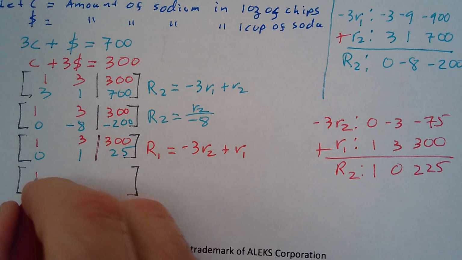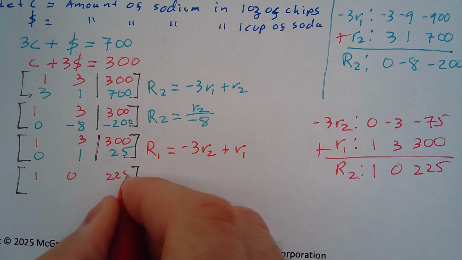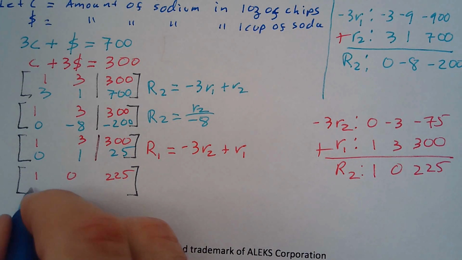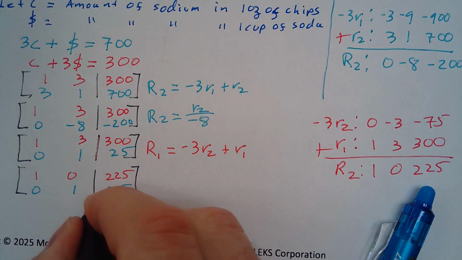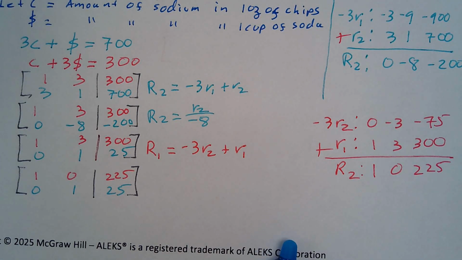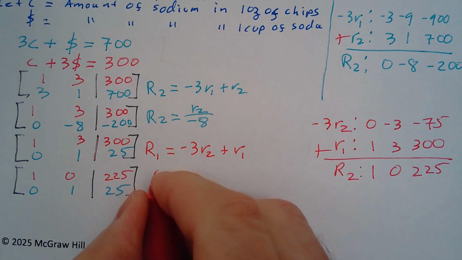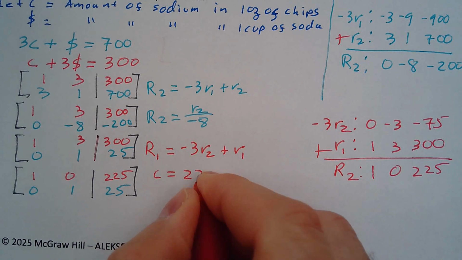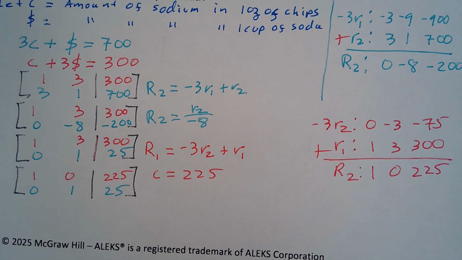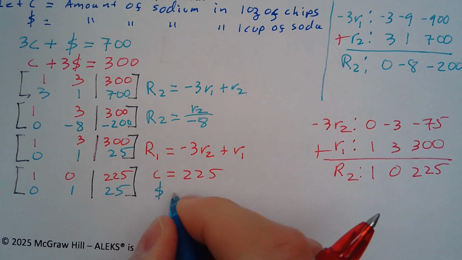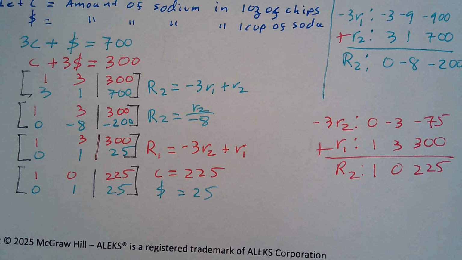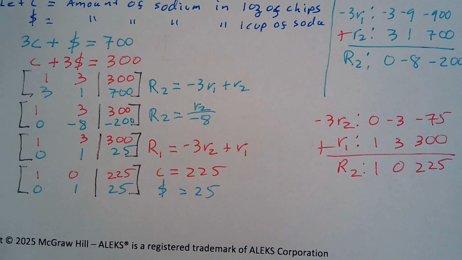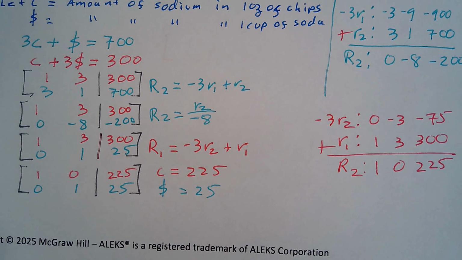So we have 1, 0, 225, 0, 1, 25. So that tells me C is 225 and S is 25. All right, C was the chips, 1 ounce of chips. S was 1 cup of soda.